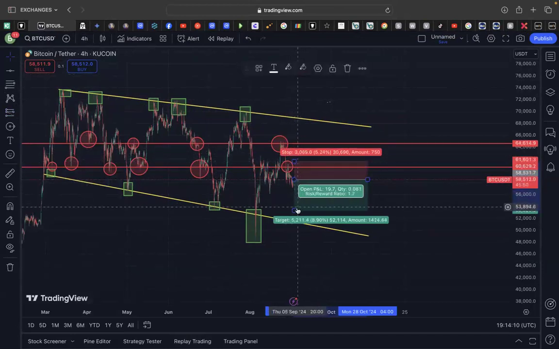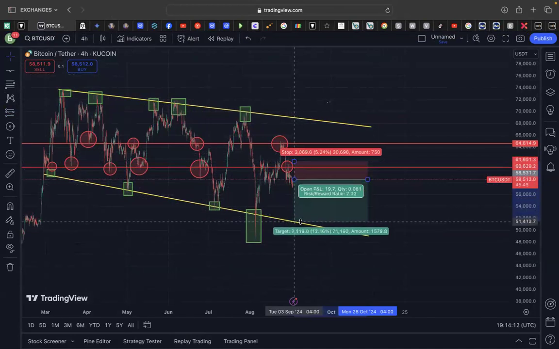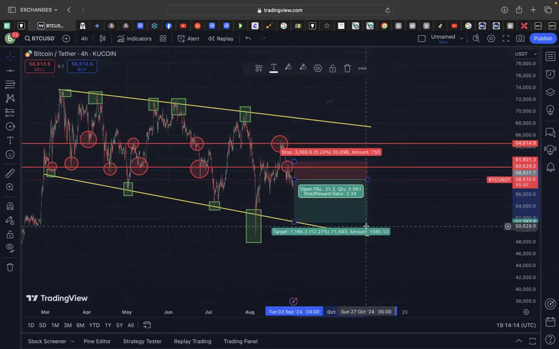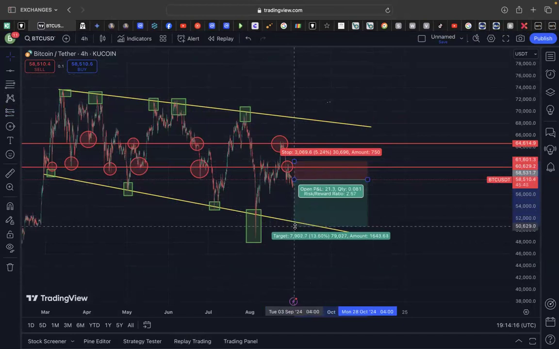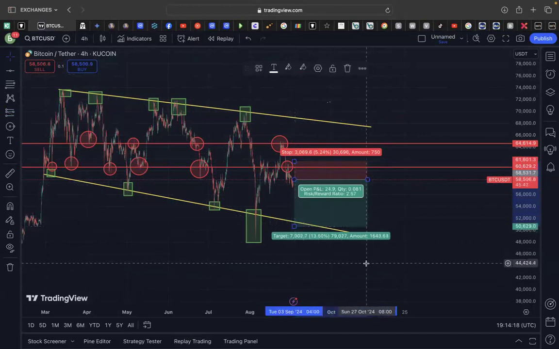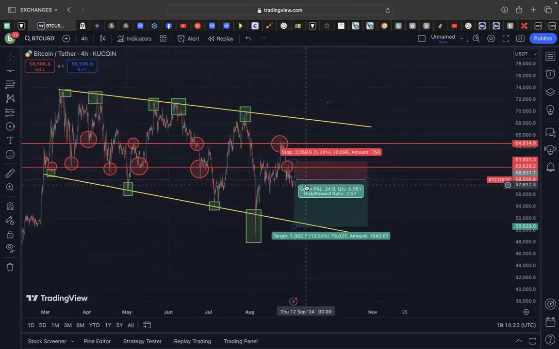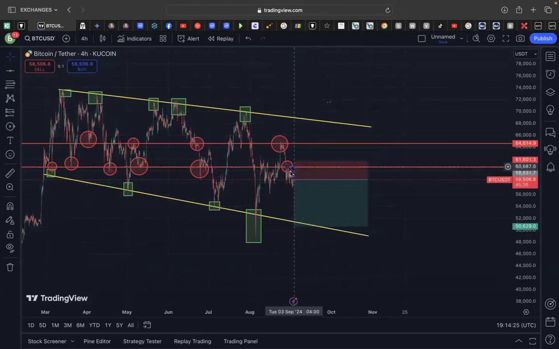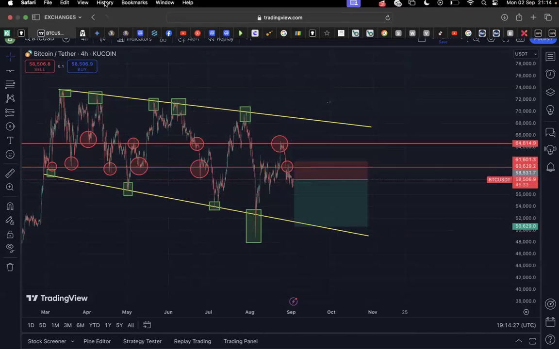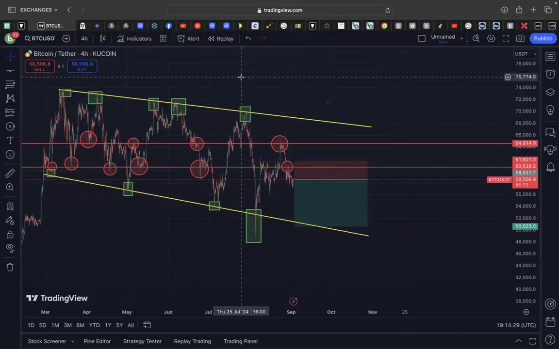So we can basically set an order to push it lower. Bitcoin will likely hit $50,000 in the next few days.